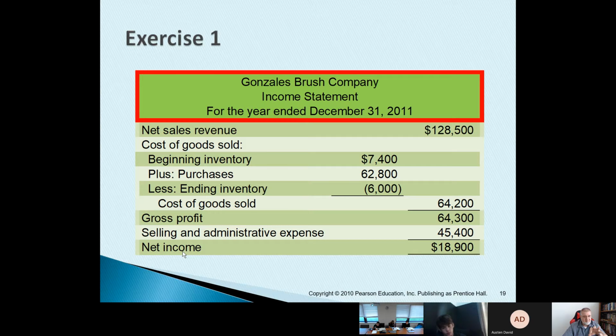You have categories of expenses. Your cost of goods sold is one category of expense, and your SG&A is another category of expense. So it's revenues minus expenses gives you your net income. Same formula, just a couple more steps in it. Okay?